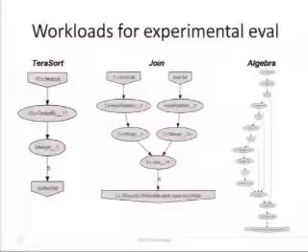We've done an experimental evaluation for the paper that we wrote on this, where we took 3 of the workloads that the DryadLINQ people use in their examples: TerraSort, join, and algebra.